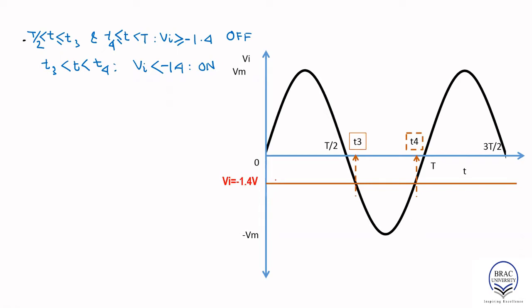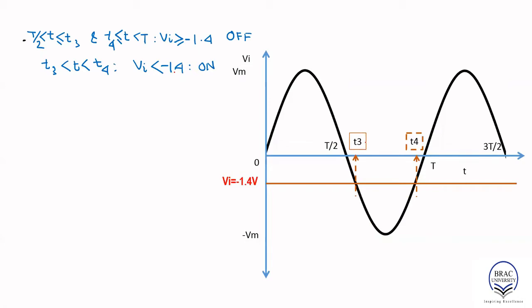And we found out since the diode appears to be oriented in anti-clockwise direction, that means for the value of signals above the transition state line, which is Vi greater than minus 1.4, the diodes are reverse biased or off, and below the transition state line, which is less than minus 1.4, the diode is on.